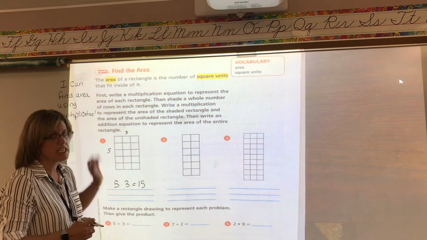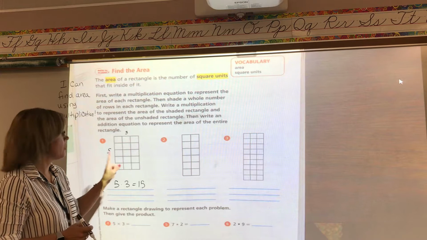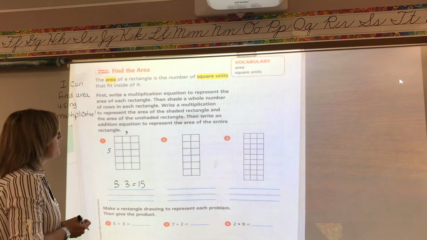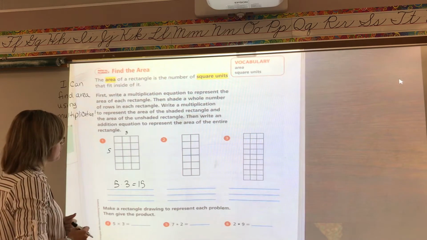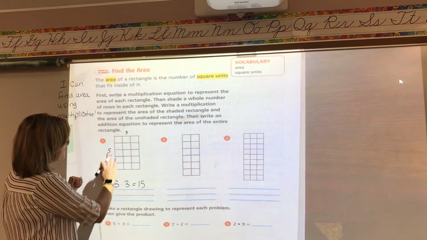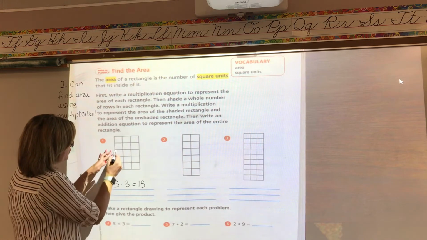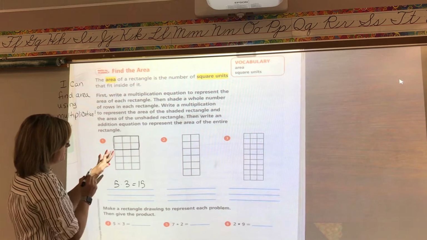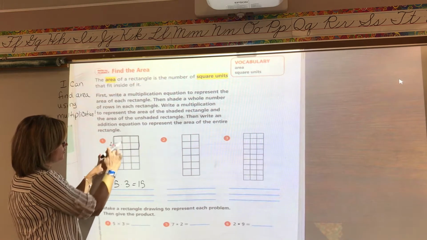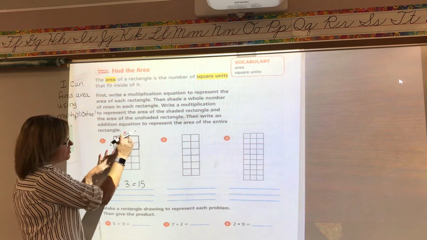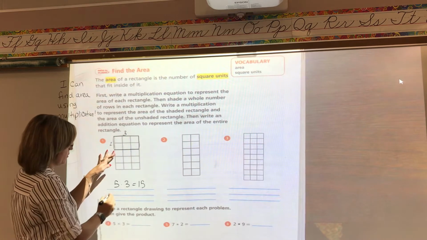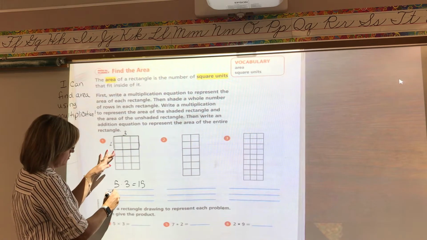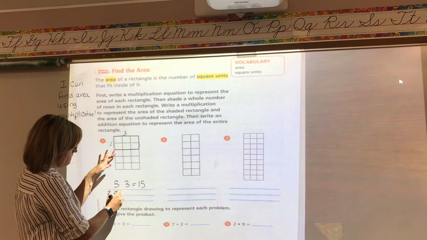Let's pretend that we didn't know our multiplication of 5s. Is there a different way we could do this? Sure there is. We could break this down into smaller pieces. What if I just wanted to look at the area of this? Well, I could say 2, because I have 2 square units here, times 3, because I have 3 going across the top, 2 times 3.